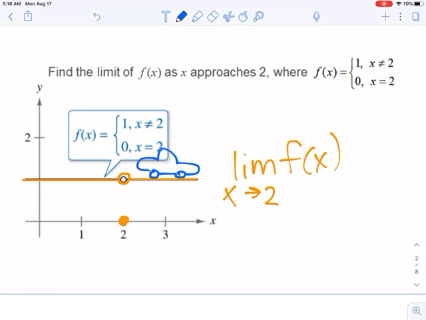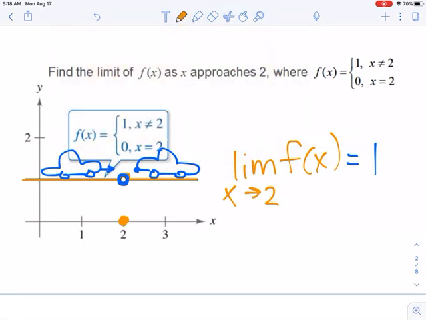So here's where our cars would be driving. If they follow the curve, as they get closer and closer to x is 2, they're going to crash into each other at this coordinate right here. So the limit as x approaches 2 of f of x would be 1.